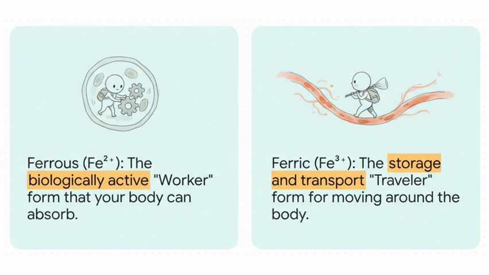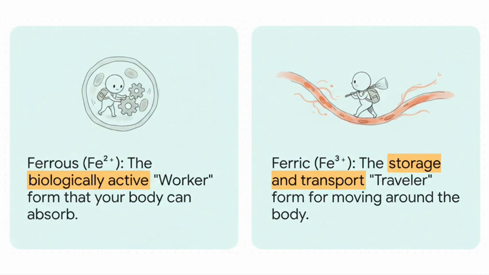Iron has two identities in the body: ferrous, the biologically active worker form; ferric, the storage and transport traveler form. After absorption, iron enters the plasma where it is immediately bound to transferrin, a glycoprotein synthesized in the liver.